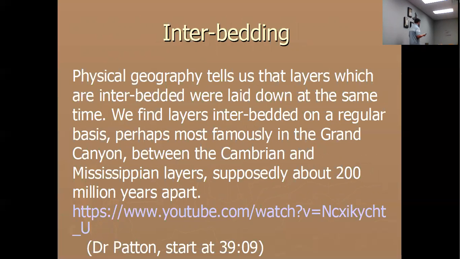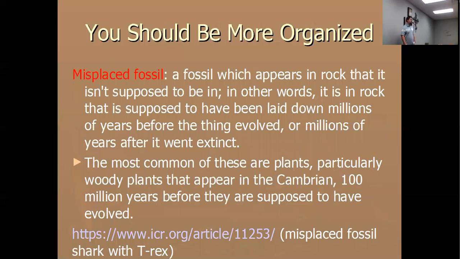The most famous example, of course, being the Cambrian Tapeats and the Mississippian Redwall in the Grand Canyon that are interbedded 7 times. Supposedly, there's a 200 million year gap between Cambrian and Mississippian. Well, if you want to believe that, go right ahead, but I'm going to argue that the evidence is not really on your side here.